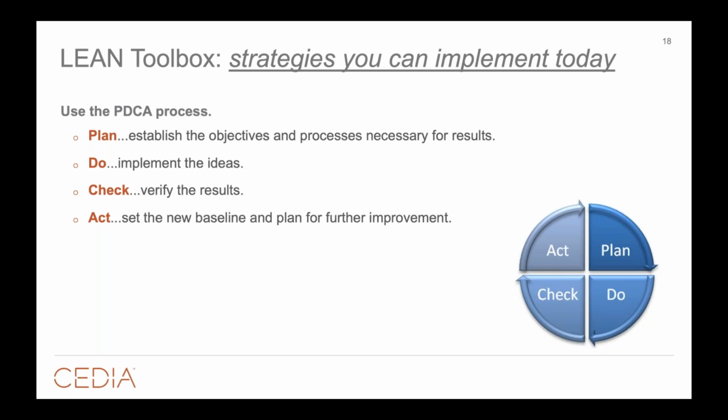Very important. You don't just want to make a change for the sake of making a change. You want to make sure that change actually has those positive benefits, those long-term upsides. Check and verify the results. And then we want to act again. Okay?